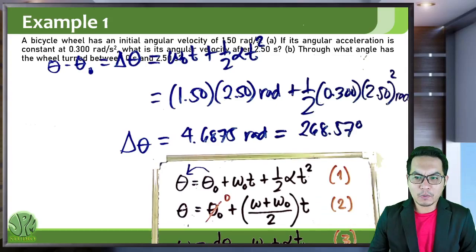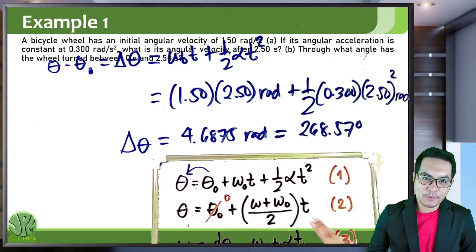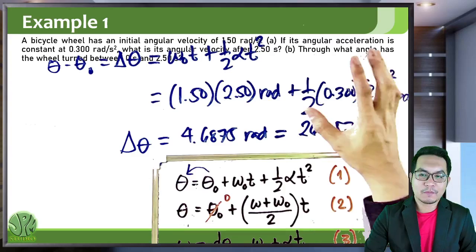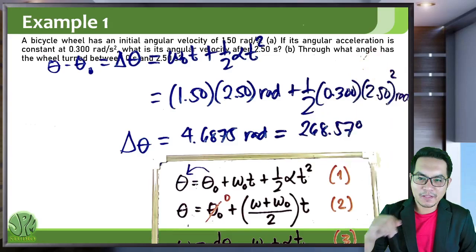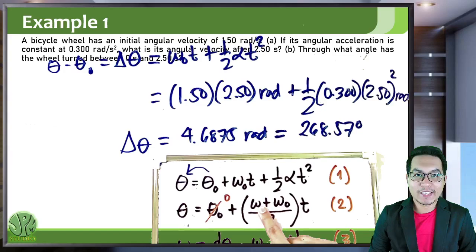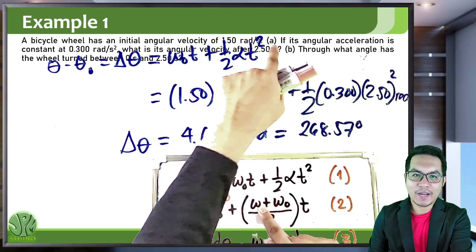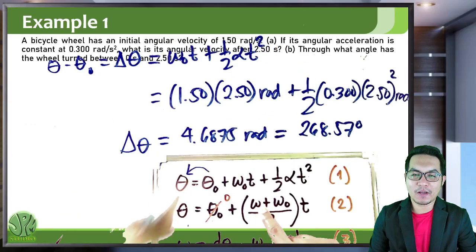But what are the advantages and disadvantages? Now, if you use equation 2 on this problem, there's nothing wrong. But there's a disadvantage. What if you fail to get the correct answer for omega? Because that is the first problem: find the final angular velocity after 2.5 seconds.